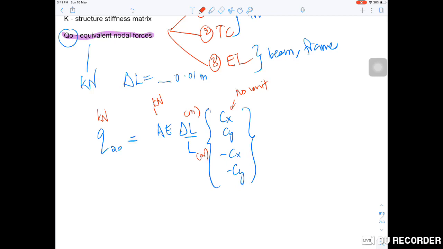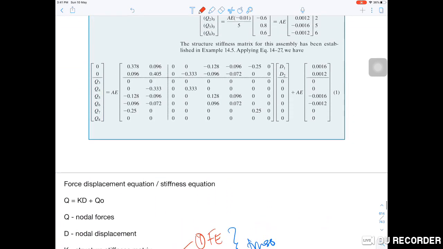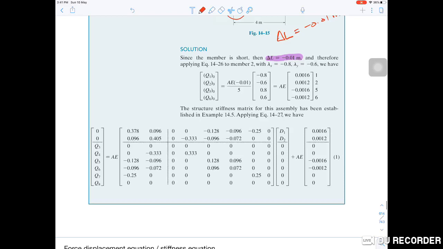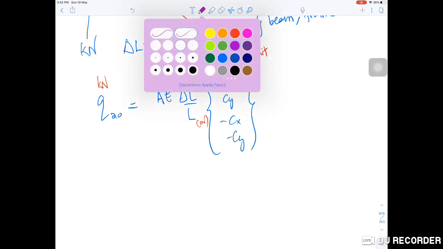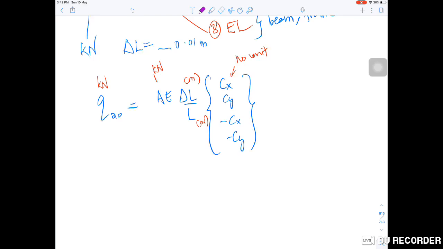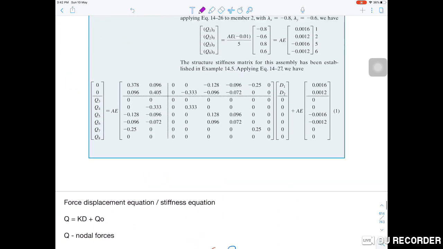So refer back to the formula given here. It is AE delta L over L. What is most important is the label. The degree of freedom label is very important, because we have to label this just like what we label for the stiffness matrix for element number 2, based on the arrow from near to far.